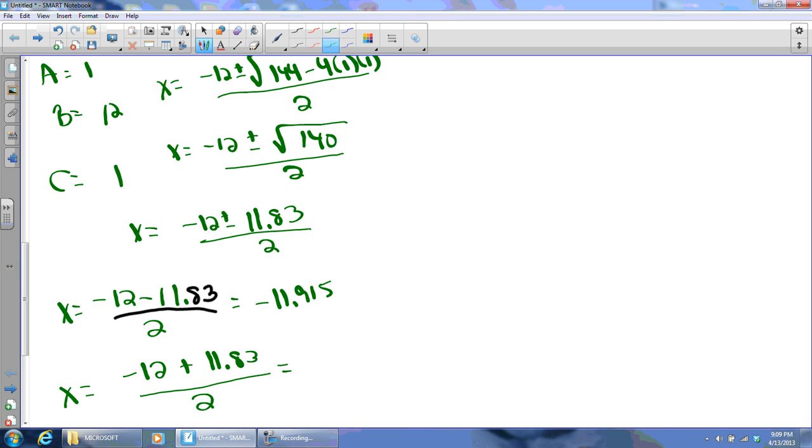And then on this other one, we're going to get negative 12 plus 11.83. I'll divide by 2 and get negative 0.085. Okay, and so there are my two solutions. X is approximately equal to both of those.